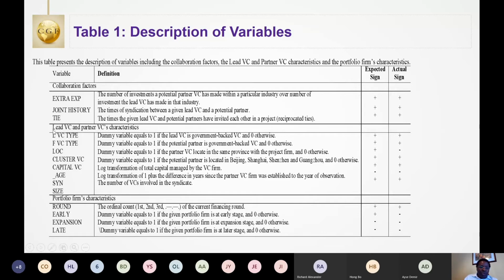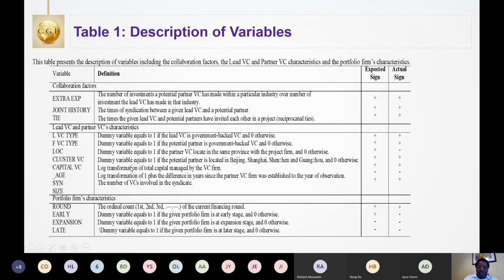We're also able to pull together information on the lead VC and partner VC characteristics. Now, this has been difficult to capture in previous work, as I did mention. But we capture these with dummy variables: equals 1 if the lead VC is government-backed, and 0 otherwise. And VC type, a dummy variable equal to 1 if the potential partner is a government-backed VC, or 0 otherwise. Local, a dummy variable equal to 1 if the partner VC is located in the same province as the project firm, or 0 otherwise.